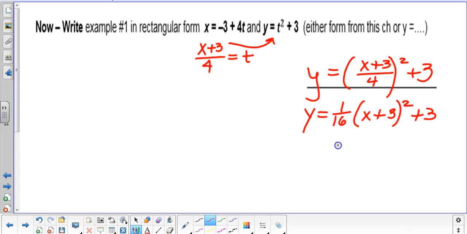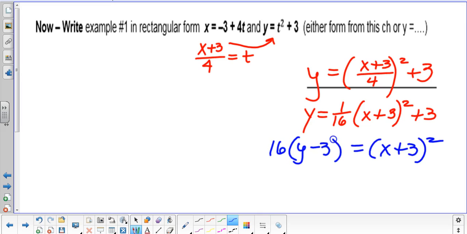So there's vertex form. What would it look like in, what did we call it last week? Conic form, standard form, rectangular form? I don't know what they called it. Conic form, I feel like, but 16y. You'd actually do y minus 3, subtract the 3 over there first, and then multiply by the 16. Does that look like what we did last week?